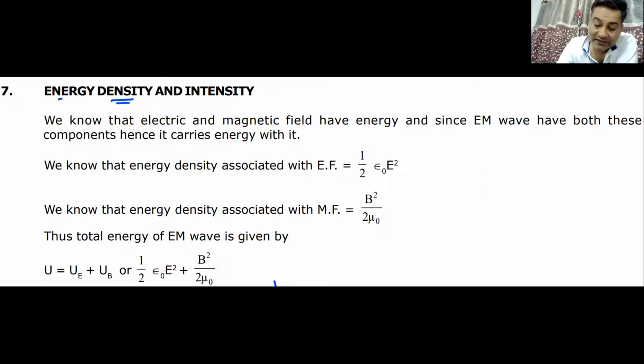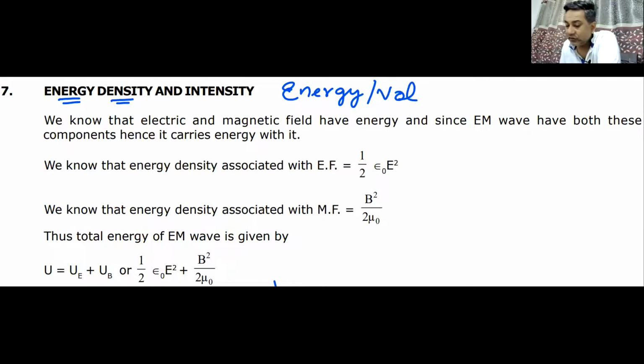Here it is energy density, so it is energy per unit volume. How much energy is stored in a unit volume is known as energy density. Do we understand this? Yes, sir. Energy stored per unit volume.